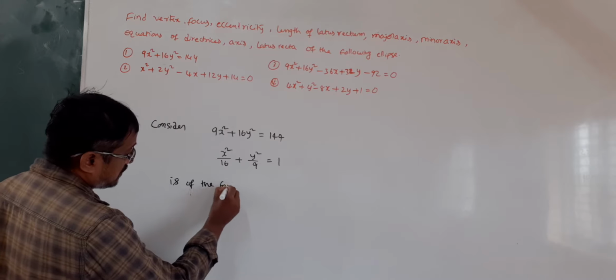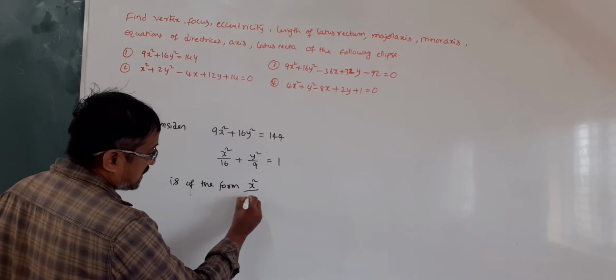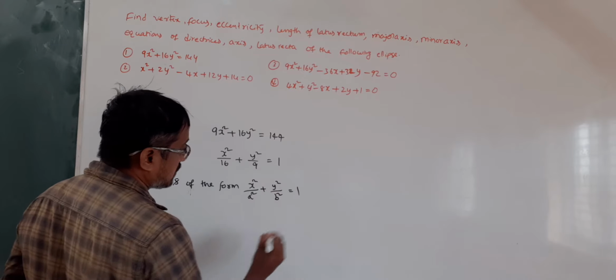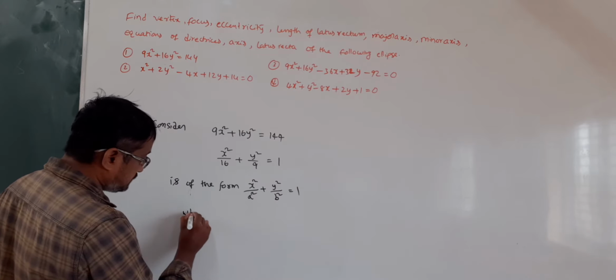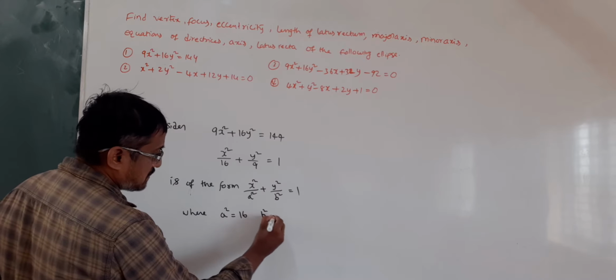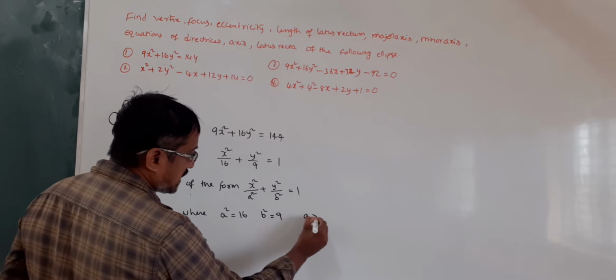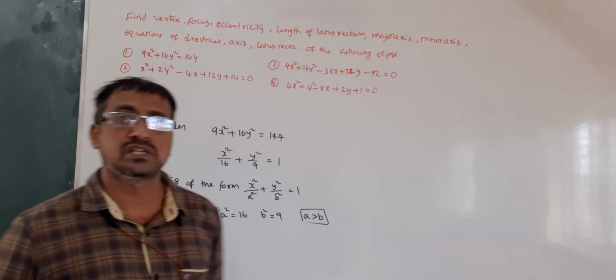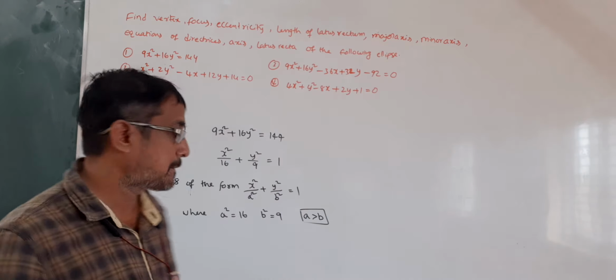Now this is of the form x square by a square plus y square by b square is equal to 1, where a square is equal to 16, b square is equal to 9, clearly a greater than b. So this is an ellipse in standard form.